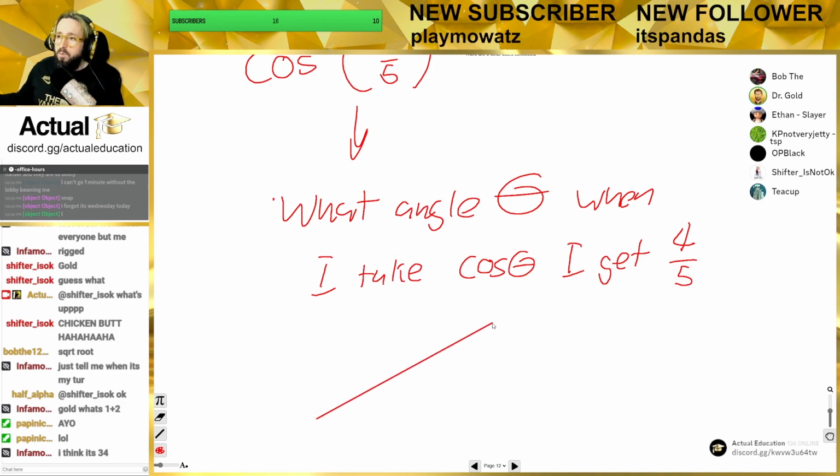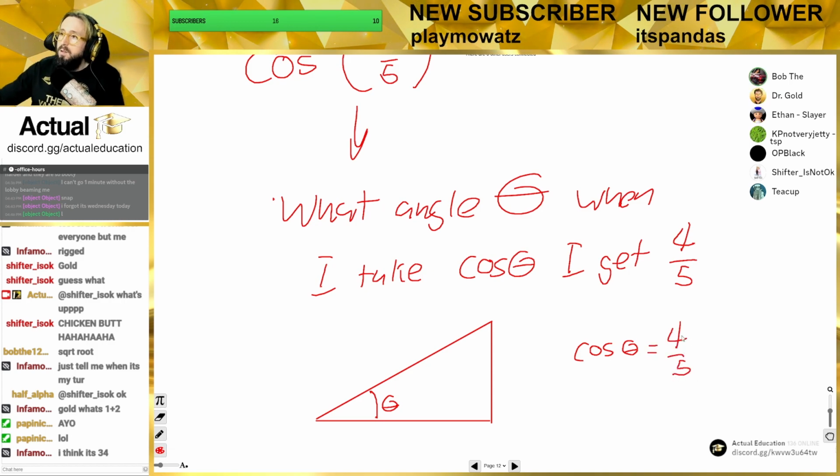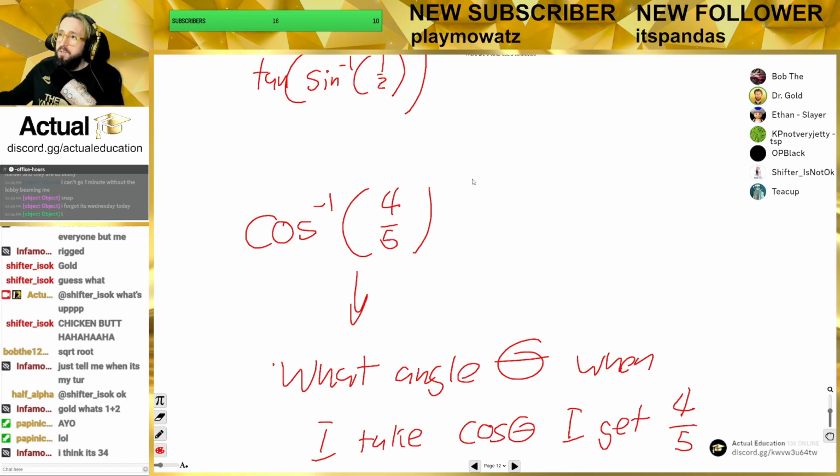How you start these ones, Bob, is you draw a triangle. I'm going to label this angle theta, and what I know is that the cosine of theta is equal to 4 over 5. The reason I know that is because cosine inverse of 4 over 5 is an angle theta.